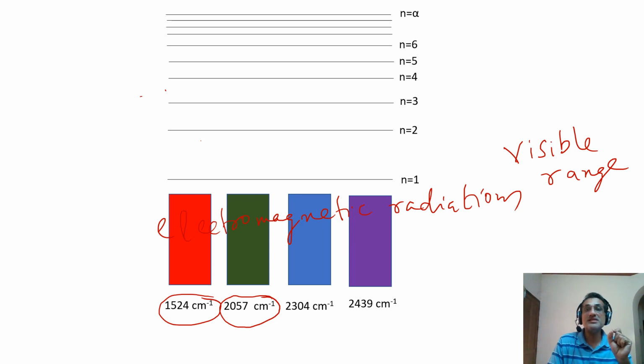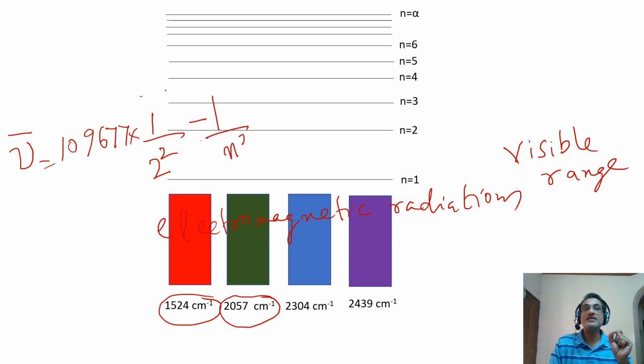He predicted that the wave number of these electromagnetic radiations which fall within the visible range will be equal to, we indicate the wave number by nu bar, that is equal to 109677 multiplied by 1 by 2 squared minus 1 by n squared.